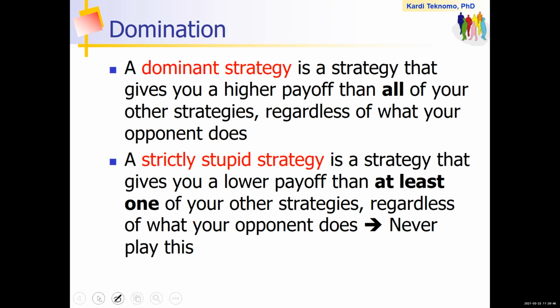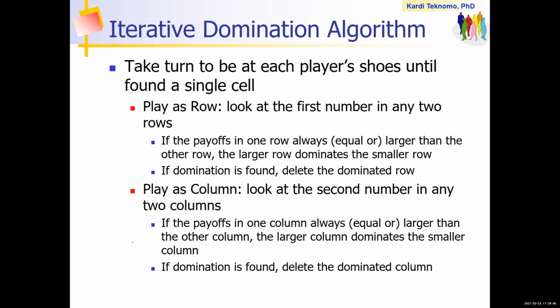Okay, let us see an example in a moment, but these are the steps. You take turns being each player until you find a single cell. First, you play as row. Look at the first number in any of the two rows.